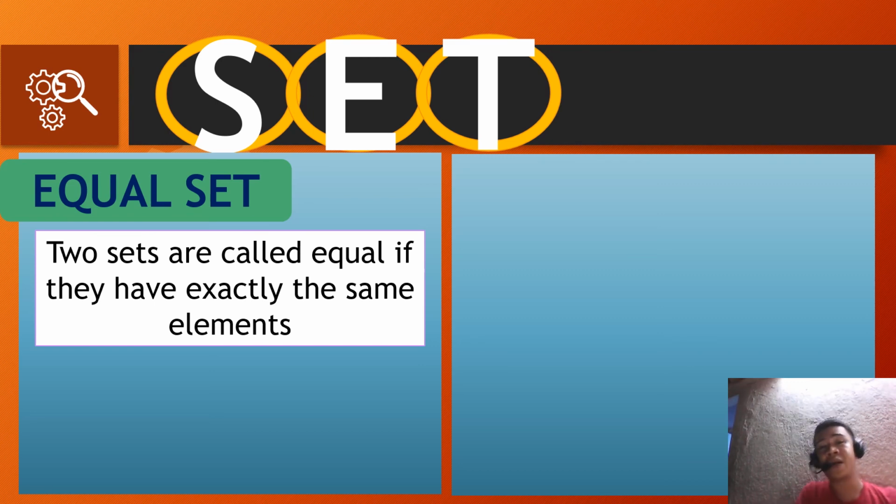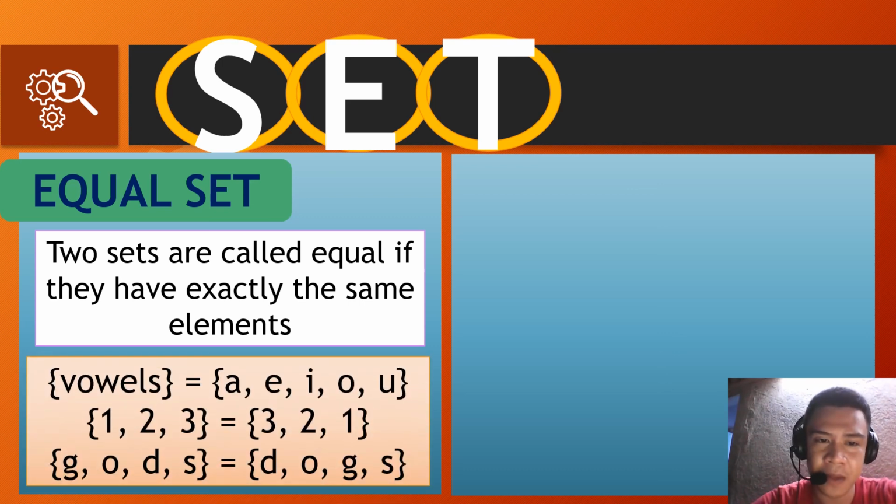Ibig sabihin, kung meron silang magkaparehong elemento. For example, vowels. Vowels is equal to set A, E, I, O, U. Kasi yung vowels ay mismong A, E, I, O, U. So they are equal. Another, 1, 2, 3 is equal to 3, 2, 1.